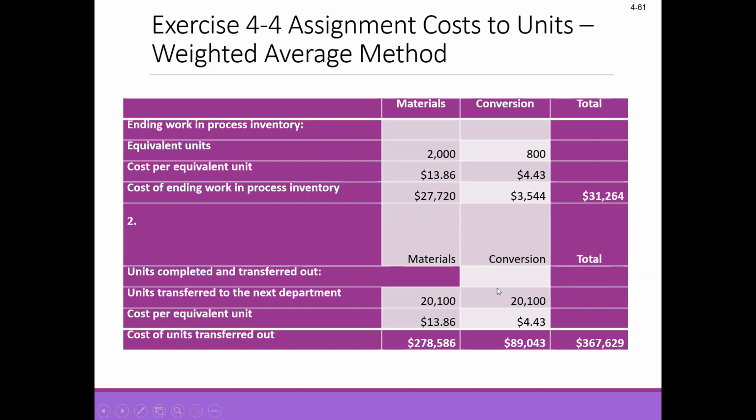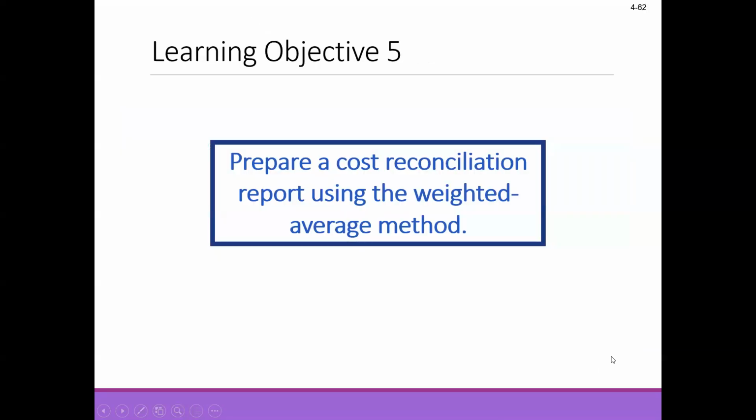Conversion, again, 20,100 times the $4.43 gives us our 89,043. Combine the materials and the conversion of the amounts transferred out for a total of 367,629. Okay.